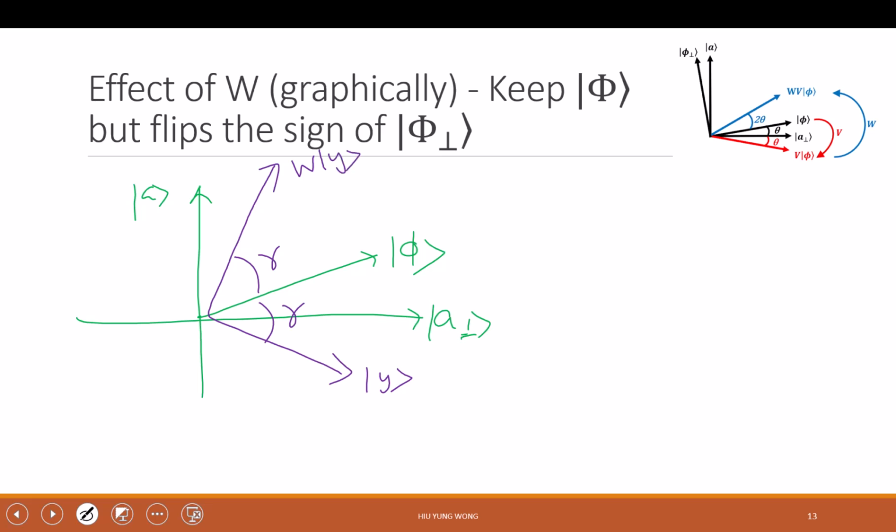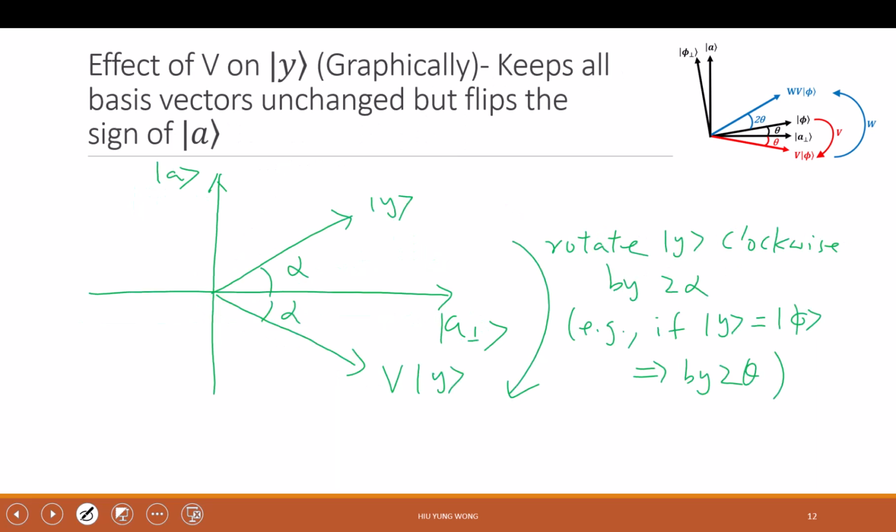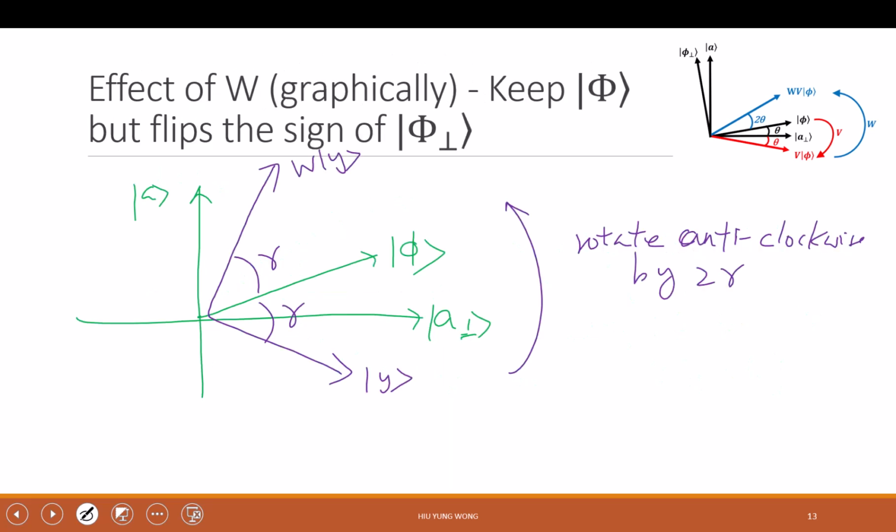About phi, not A perpendicular. So its effect is to rotate anti-clockwise by 2 gamma. Okay, so now we simplify it to: for V, you rotate it clockwise by 2 theta. And when it is phi, you rotate it anti-clockwise by 2 gamma.